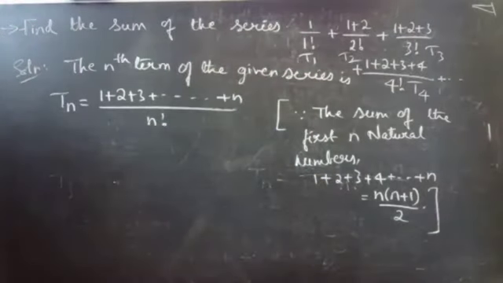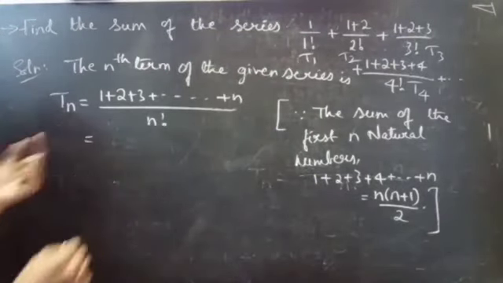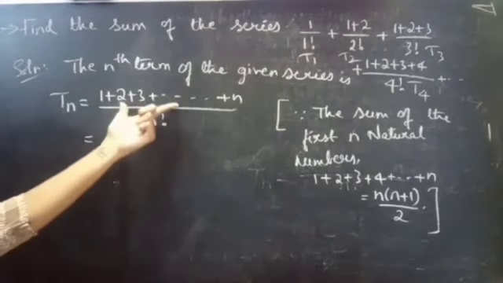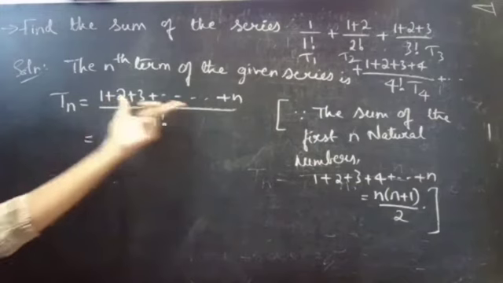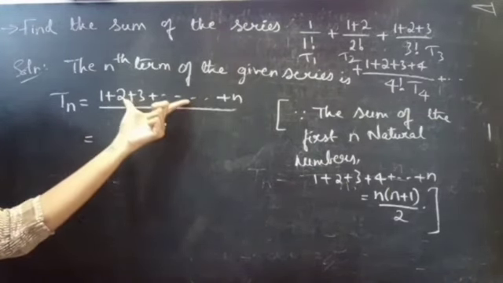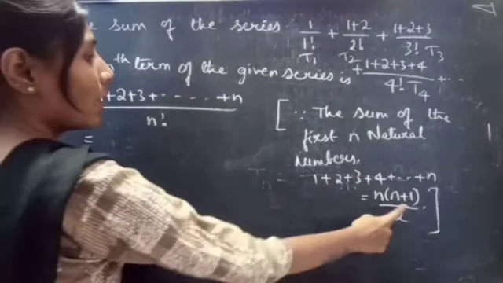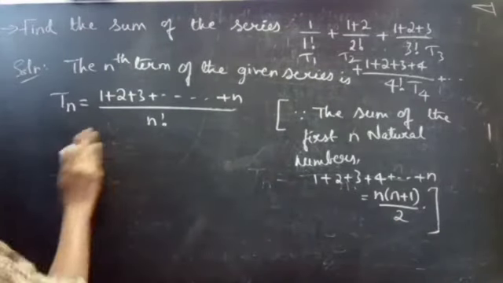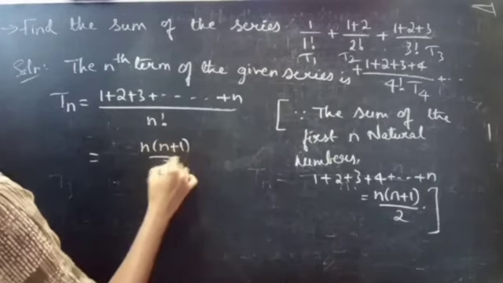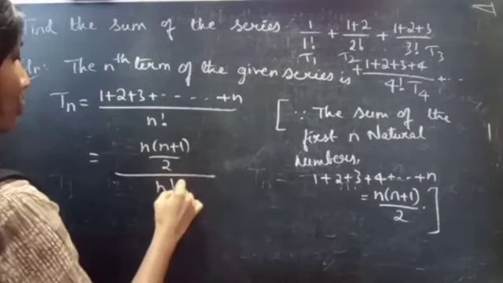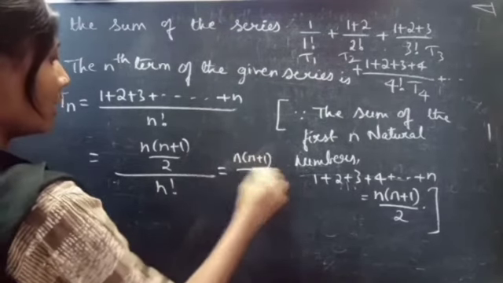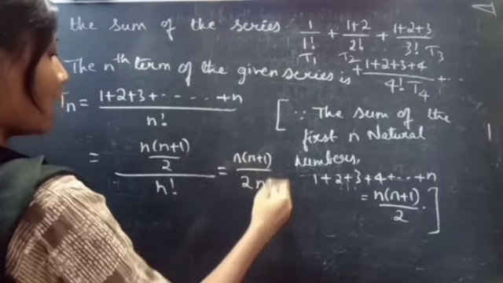So in the term Tn, the numerator of the nth term is the sum of n natural numbers. You could replace it with n into n plus 1 by 2. So this equals n into n plus 1 by 2 by n factorial. So you could write it as n into n plus 1 by 2 into n factorial.